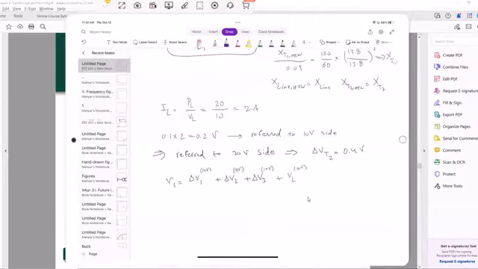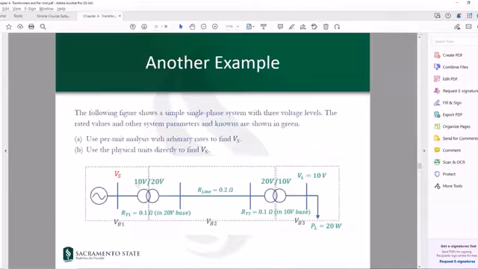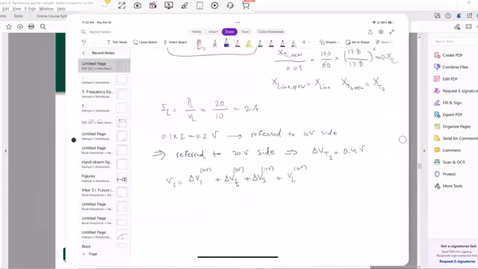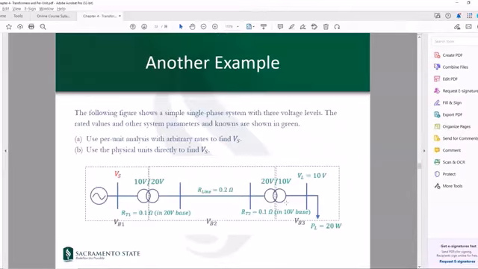Do you agree with this? Delta V1 is the voltage drop associated with this transformer. Delta V2 is the voltage drop associated with this line. And delta V3 is the voltage drop associated with the second transformer. I have to add them all to V load to find out VS. That's KVL, right?